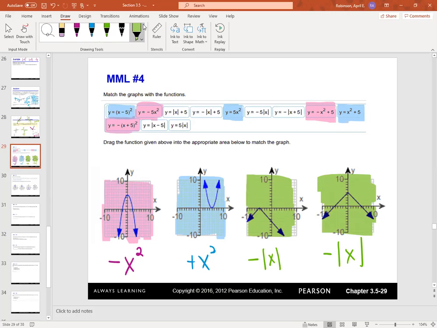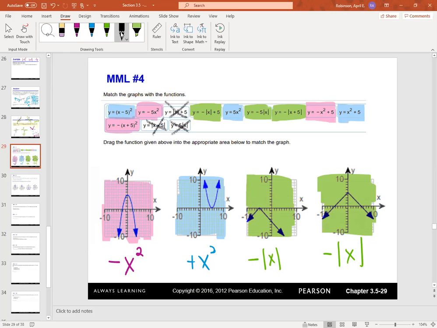So it would have to be either this one, that has a negative absolute value of x. This has a negative absolute value of x, and this one has a negative absolute value of x, which means this one and this one and this one are definitely not usable at all. So I narrowed it down that way.